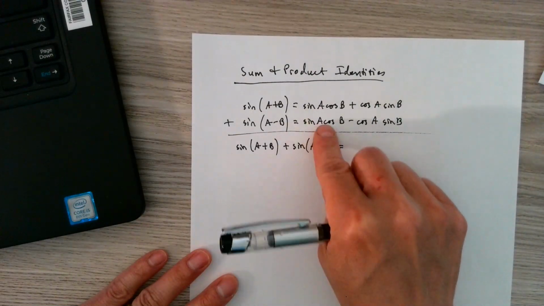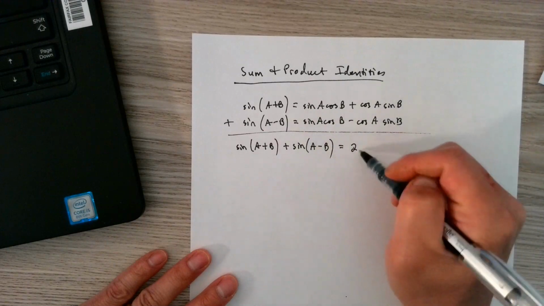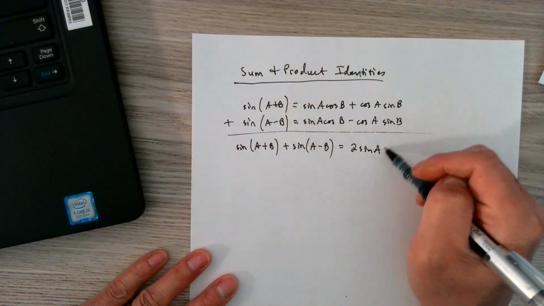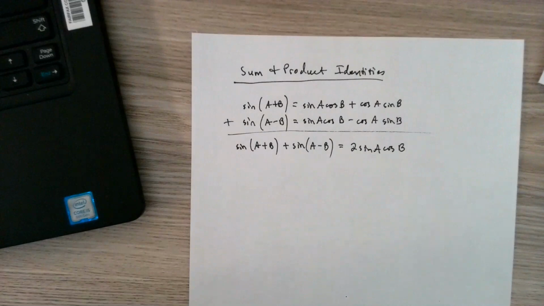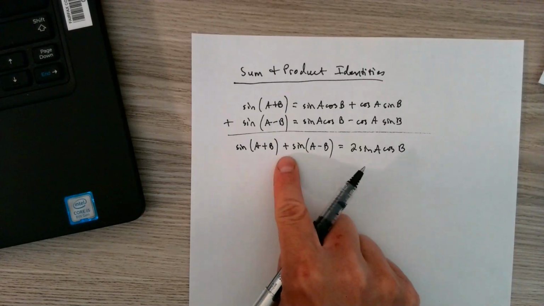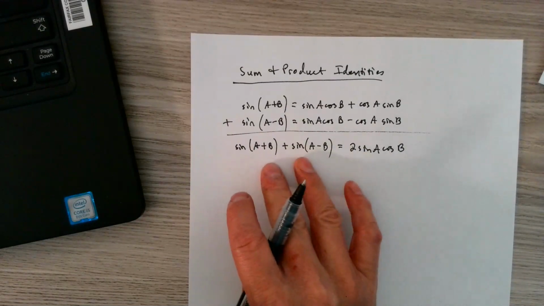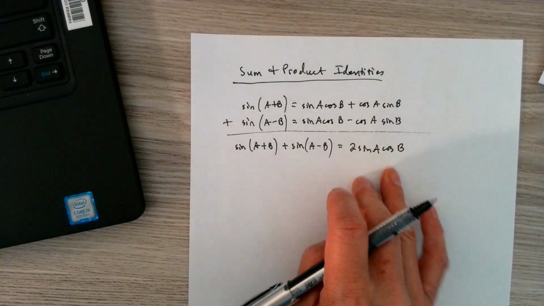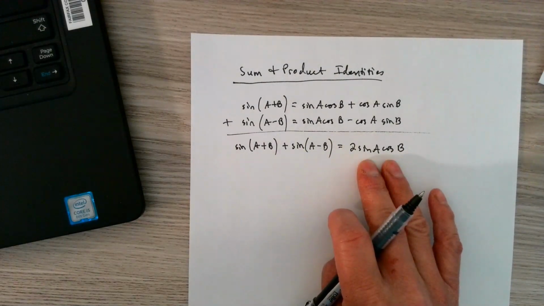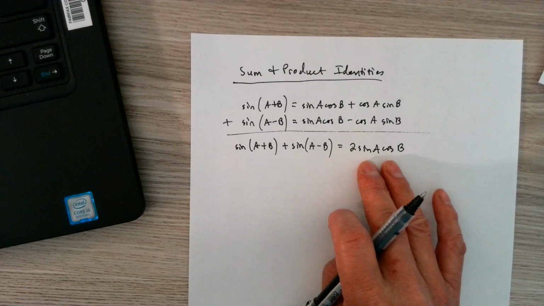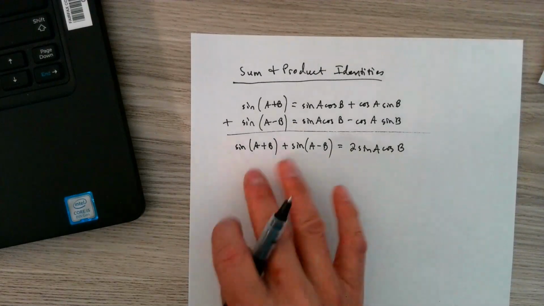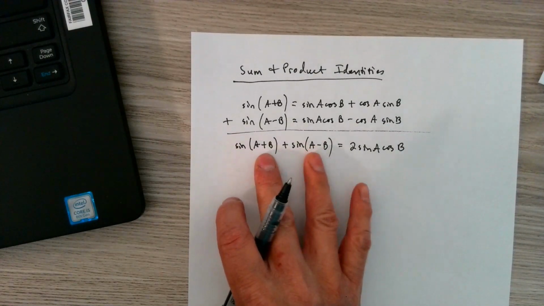And these two are the same, two of the same, so I get that. So this tells me that if I have a sum of two sines, I can express it as a product in terms of A and B, the two angles that I had the sum and difference of.